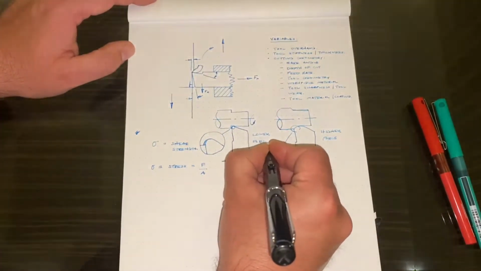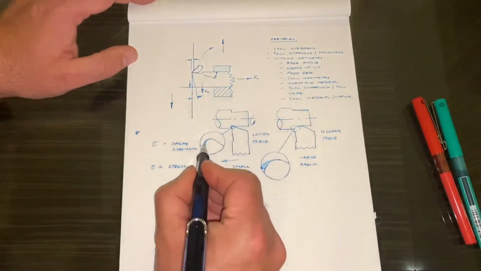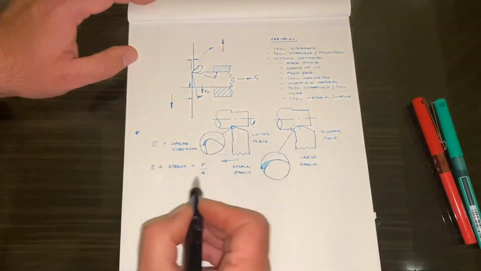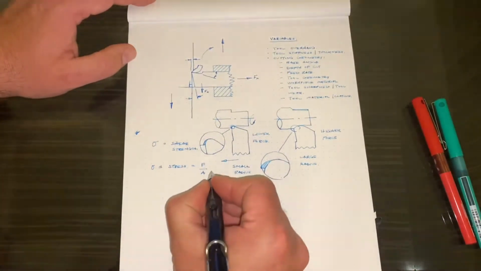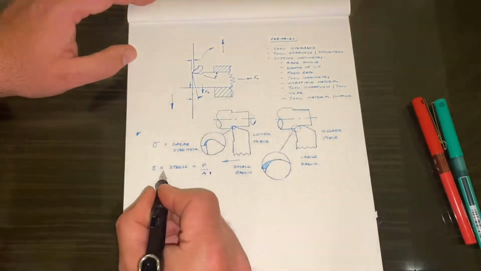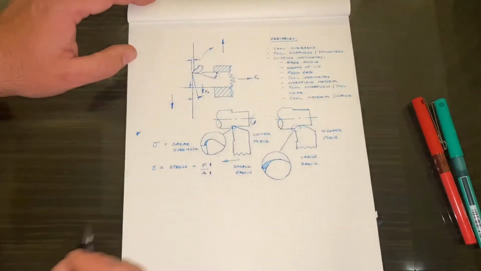The reason for that is the cross-sectional area in terms of the size of the chip. So if the area increases and stress remains constant, then force has to increase.